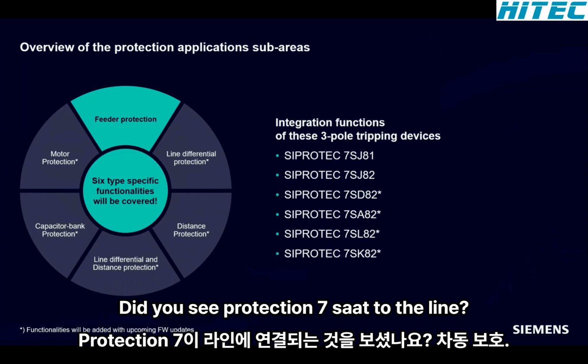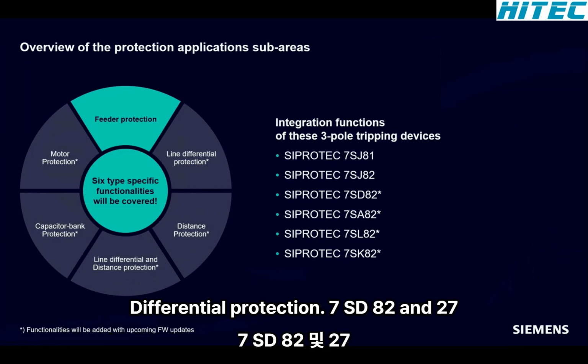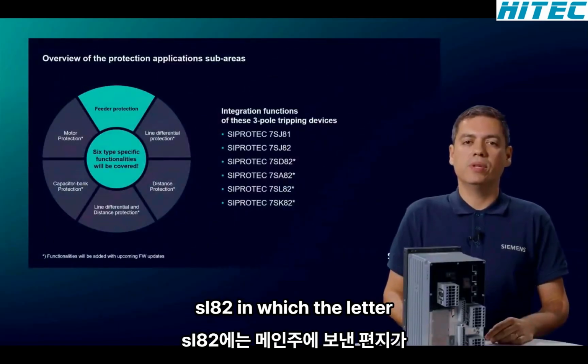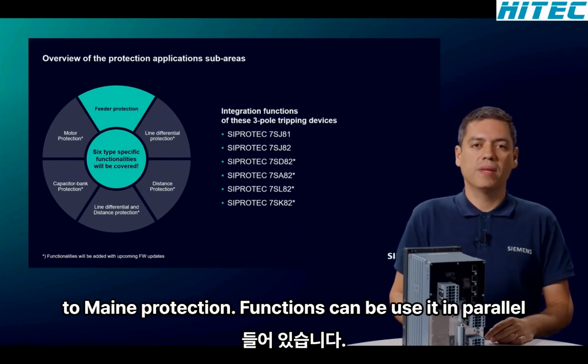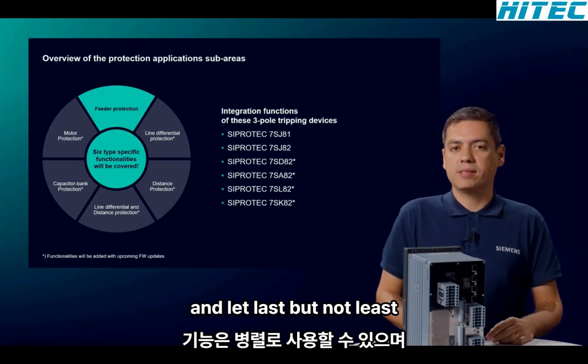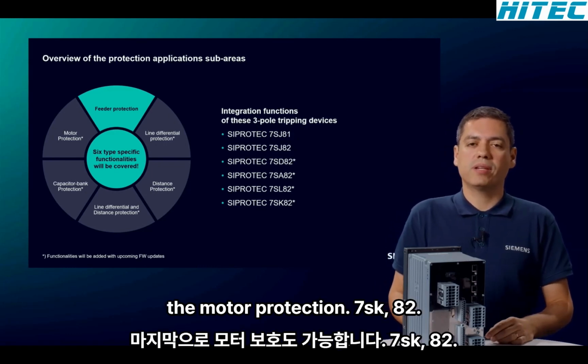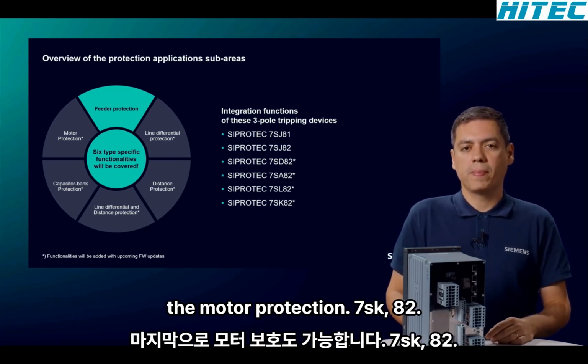The distance protection 7SA82, the line differential protection 7SD82, and the 7SL82, in which the latter 2 main protection functions can be used in parallel. And last but not least, the motor protection 7SK82.